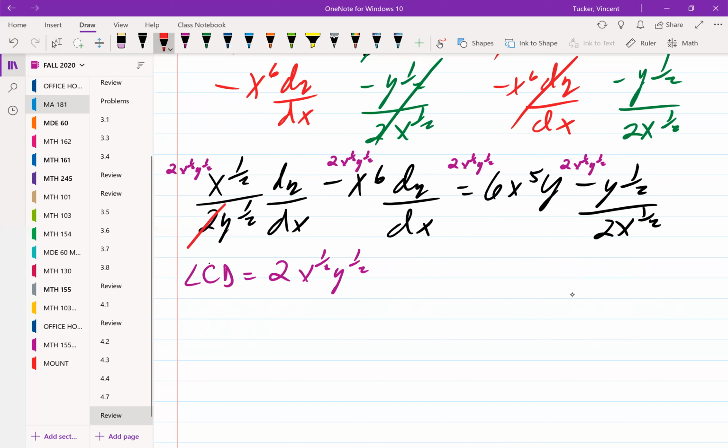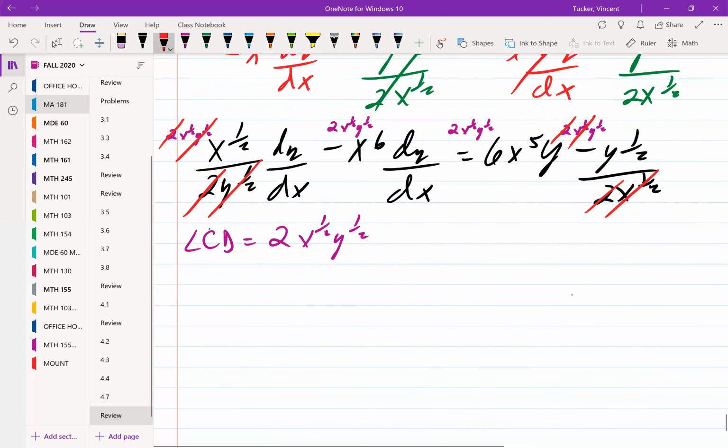So what that does is 2 will cancel out here. Y to the 1/2 will cancel out right there. And then 2 cancel out here. X to the 1/2 cancel out right here. All right. So what happened here is I have x to the 1/2 times x to the 1/2. When you talk about adding your exponents, 1/2 and 1/2, that's going to be just x.